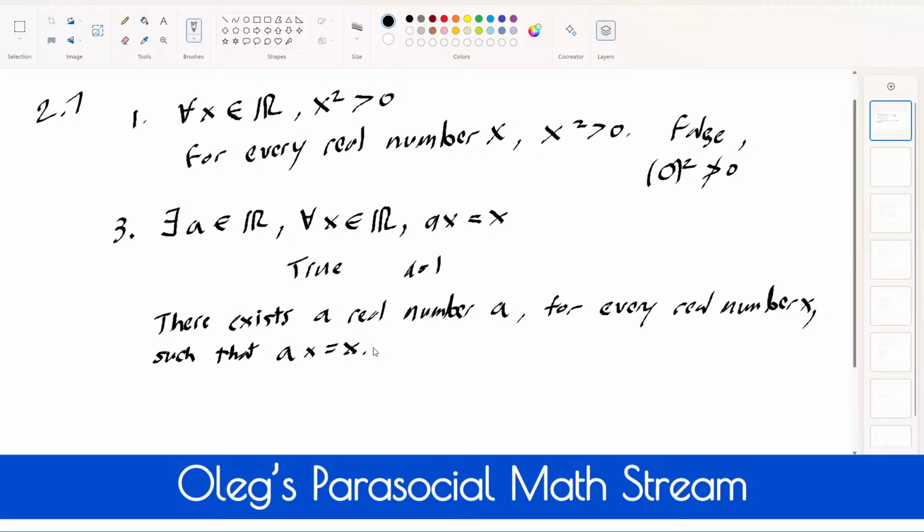For every real number... Okay, there exists a real number A. Oh, yes, I did that. There exists a real number A for which A times X equals X for every real number X. Well, I wrote there exists a real number A for every real number X such that A times X equals X. So the meaning's the same.